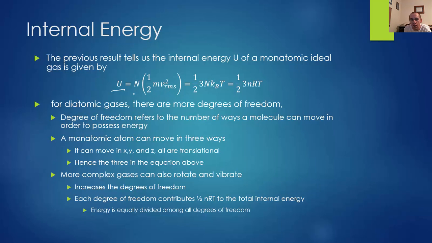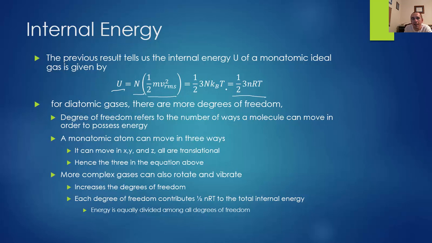So the number of particles times half mv squared gets us the internal energy of all the particles, and we know that's 1/2 times 3 times Boltzmann's constant times the number of particles times temperature, which we can also write using R as 1/2 times moles times 3 times R times T.